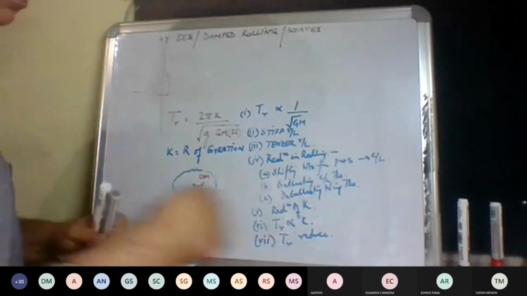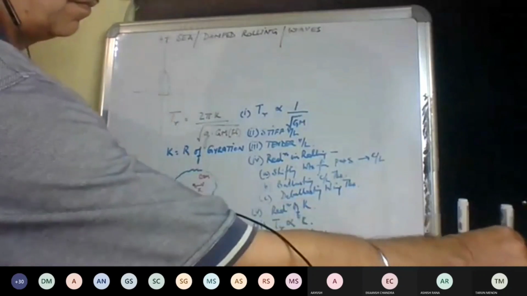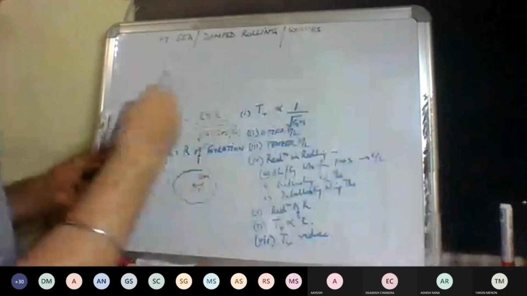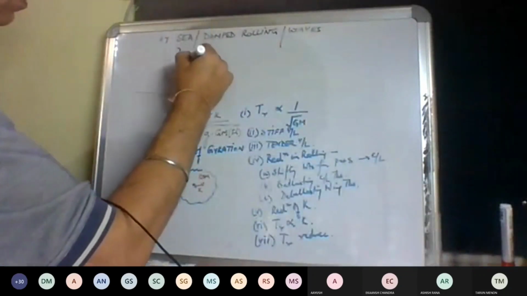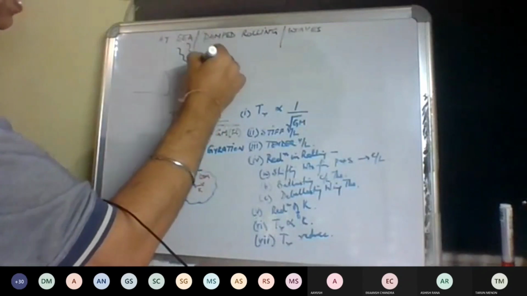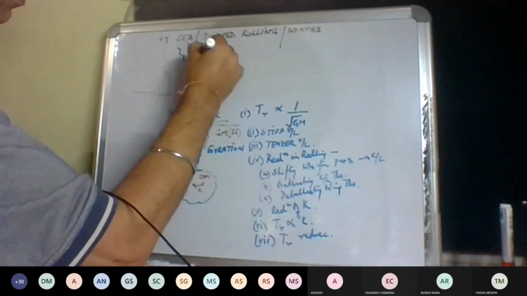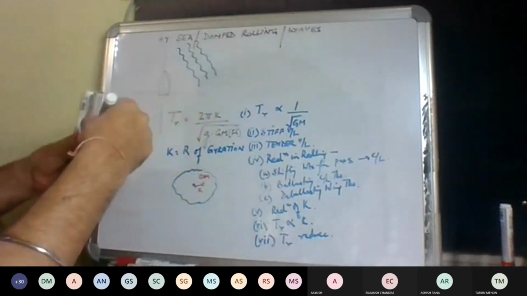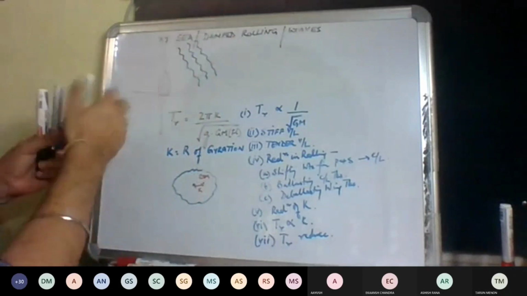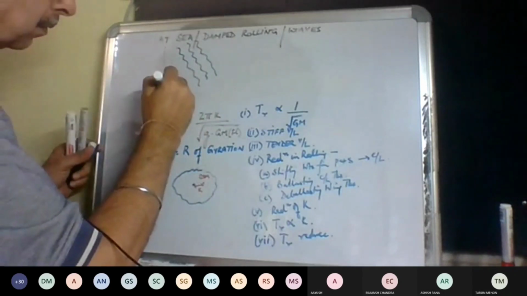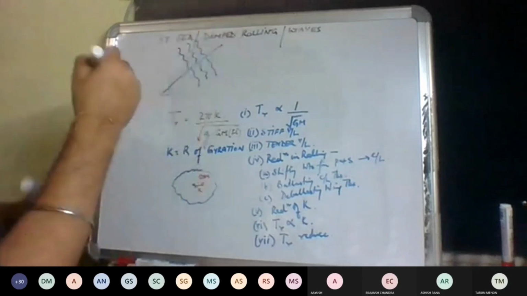When you are in damped rolling, the vessel will be encountering lines of waves. These are the lines of waves. The waves come and hit the vessel from a particular direction.